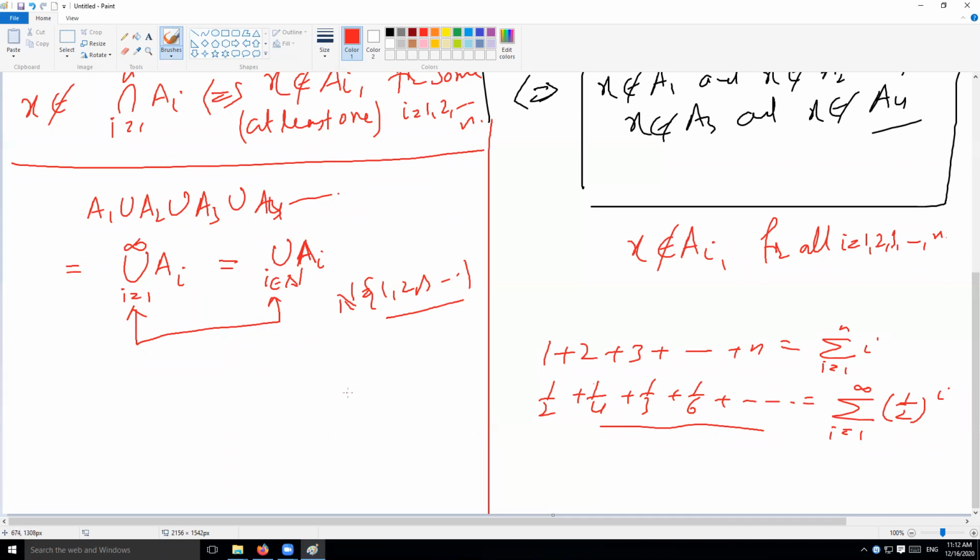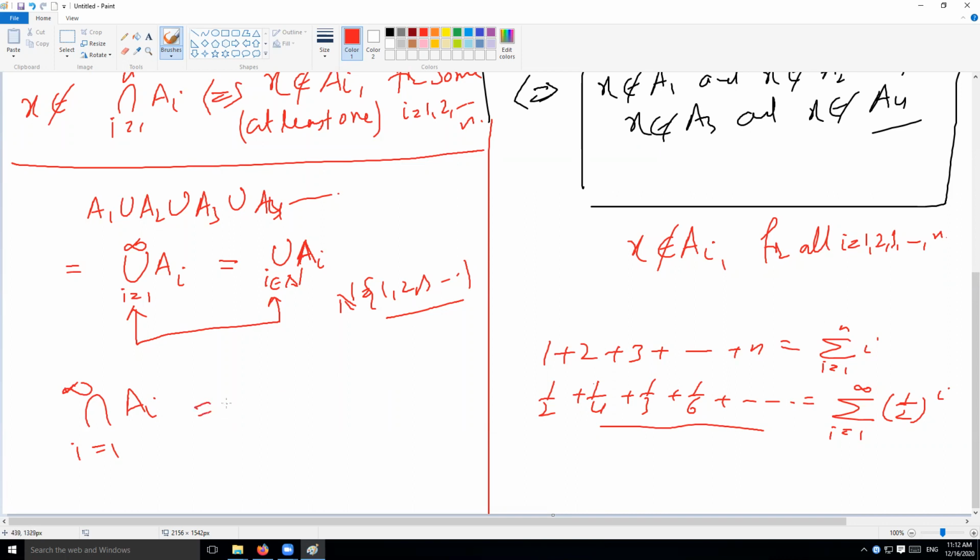Okay? So similarly, I can write in the intersection, what would be the meaning of the intersection of Ai's where i goes from 1 to infinity. I can write it in this manner. There's nothing wrong in it.